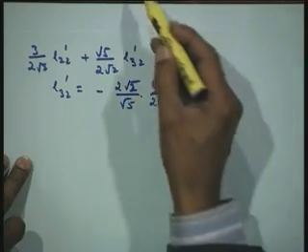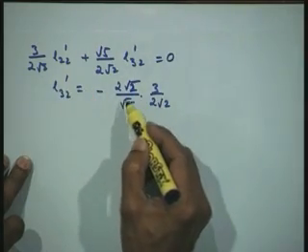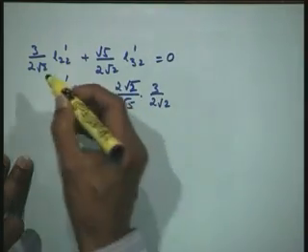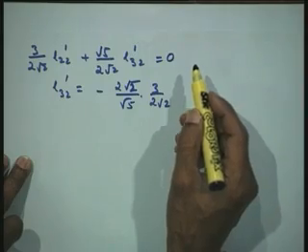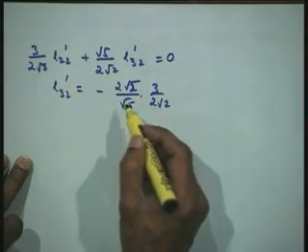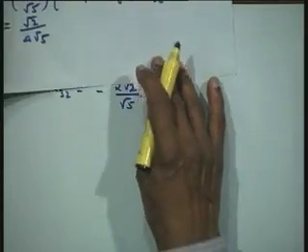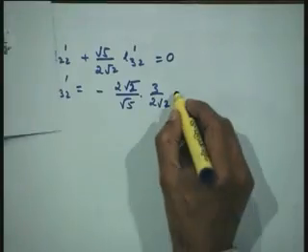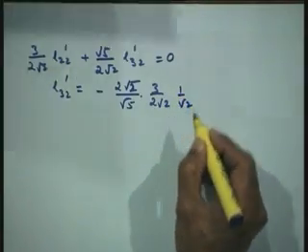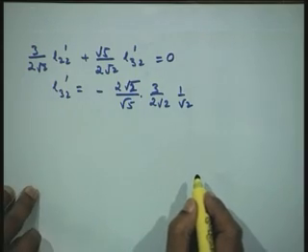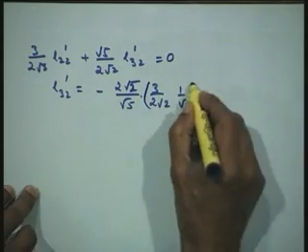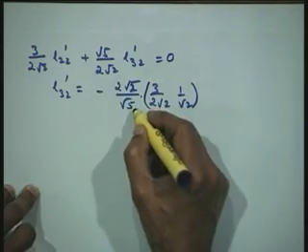Oh, this is right, 3 root 2 upon, I have to multiply by L22 dashed. L22 dashed is equal to 1 upon root 2. Right, this is the factor I have written, this 2 root 2 upon root 5, and this one.